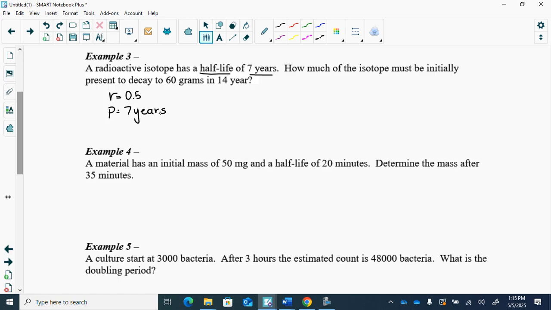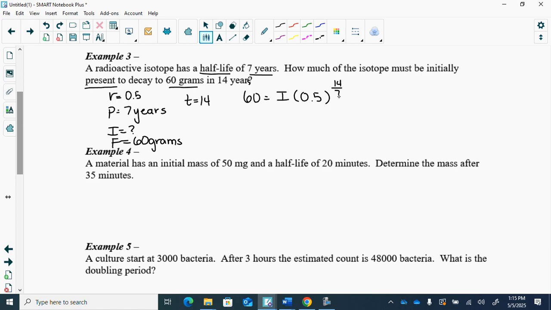How much of the isotope must be initially present, so they're asking for I, in order for it to decay to 60 grams, F, in 14 years. That should be an S. So we get 60 equals I bracket 0.5 to the 14 over 7.